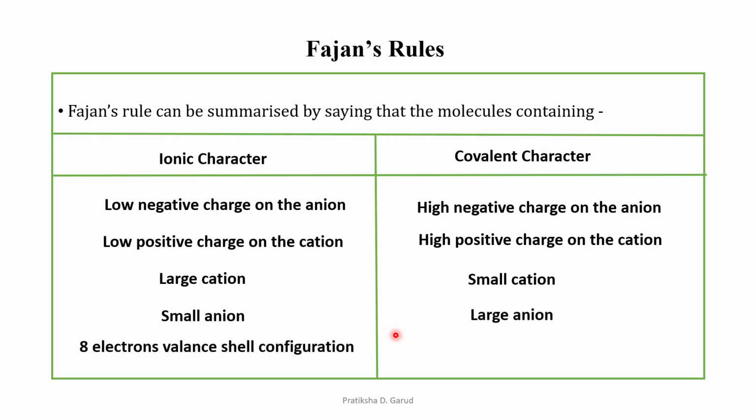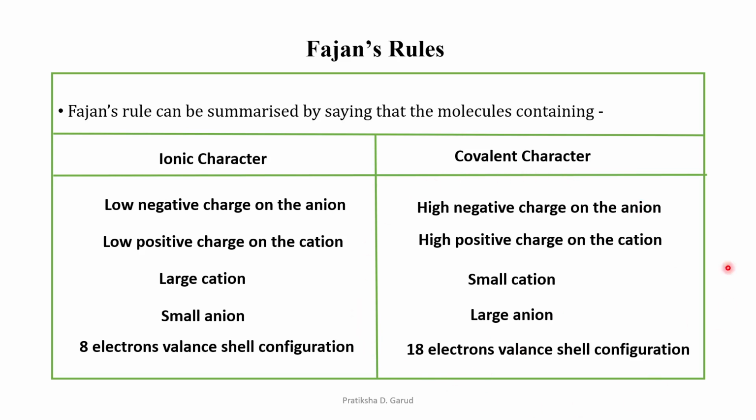And lastly, an 8 electron valence shell configuration is considered ionic character, and an 18 electron valence shell configuration is called covalent character. So these are the points by which we consider covalent character. For covalent character, we have a high negative charge on the anion, high positive charge on the cation, small cation, large anion, and the 18 electron valence shell configuration.